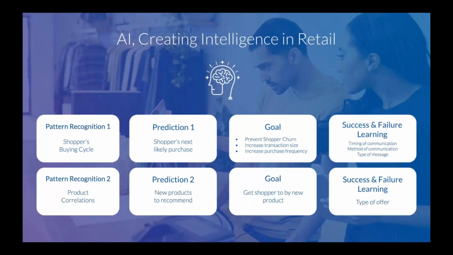The AI can then use this pattern to predict that Nike shoppers will also buy insoles. We can set the goal to incentivize Nike shoppers to buy insoles, and the AI will then recommend Dr. Scholl's insoles to all Nike shoppers that have not purchased insoles yet with different types of offers and measure the success and failure. An AI's capacity for pattern recognition, prediction, goal setting, and measurement of success and failure is almost limitless.